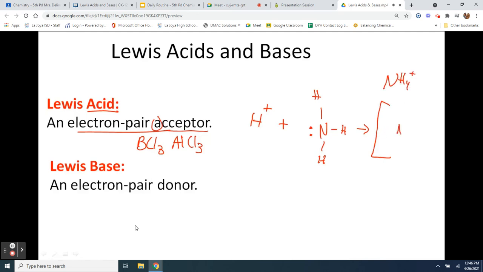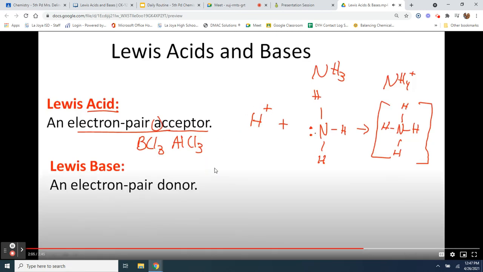That's N with 4 H's. So this is a reaction that's happening. We have H plus here, and we have NH3 here. What we're seeing is that NH3, ammonia, acts as a Lewis base because it donates a pair of electrons to the H plus.